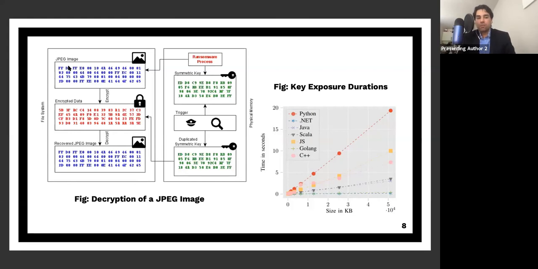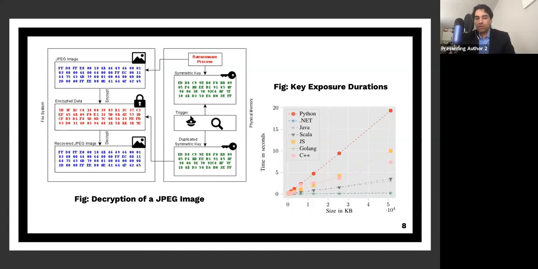We see those bytes, and then we see a ransomware process being triggered. The ransomware process, using the crypto API, will generate the symmetric key. These are the hex bytes pertaining to the key. Using known encryption algorithms such as AES, the JPEG image will have its bytes transformed, or encrypted.